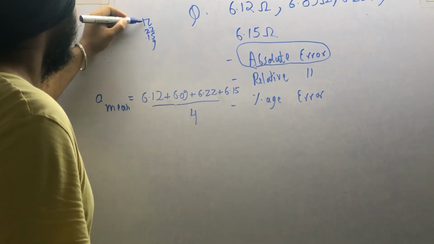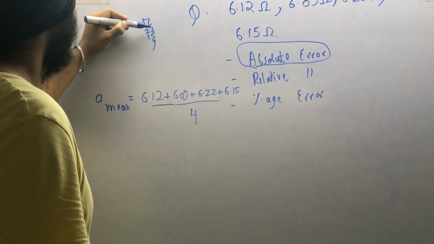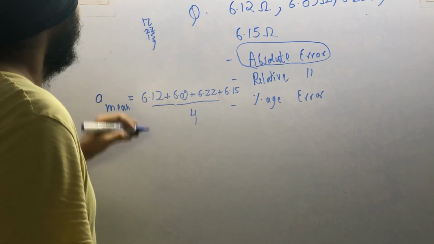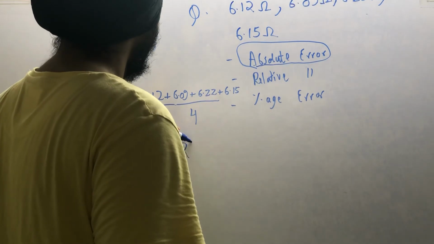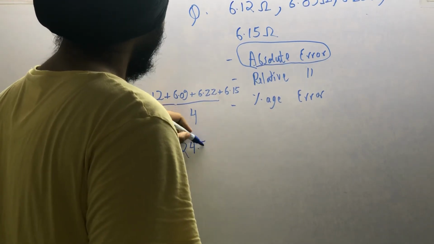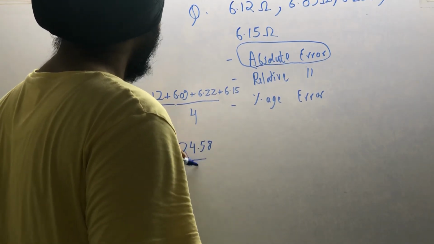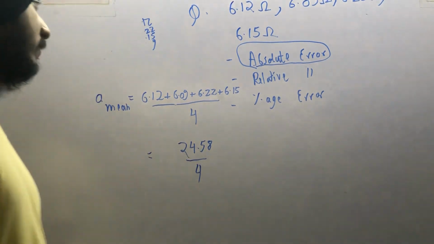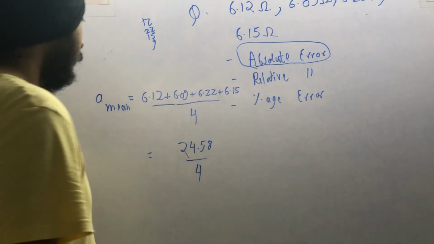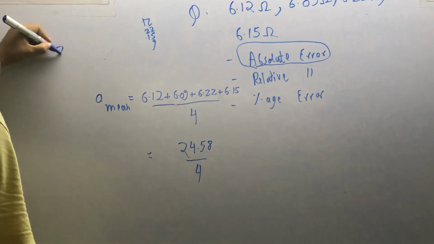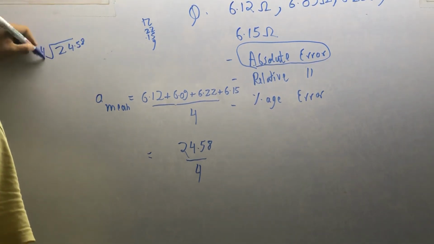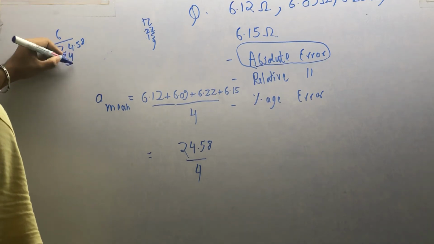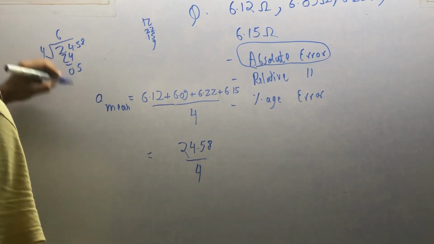This comes out to be approximately 24.58 divided by 4. 4 sixes are 24.